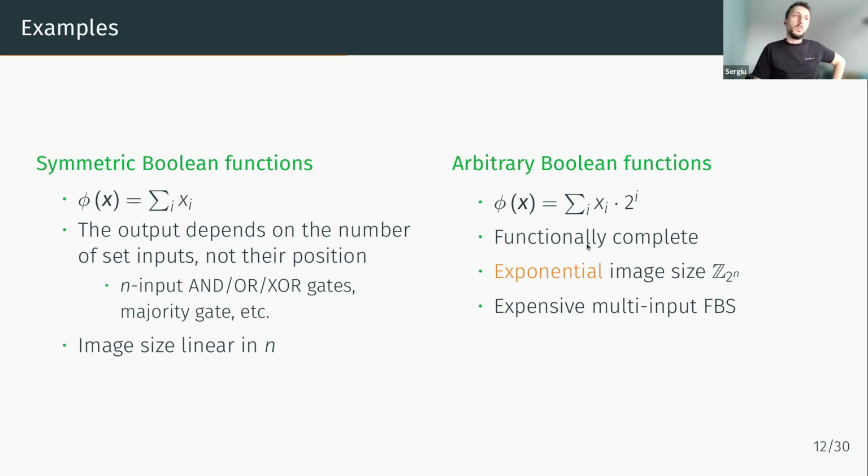However, in order to be able to evaluate arbitrary Boolean functions, you will need this kind of binary composition function, where you map the input vector x to a value in the space Z 2 to the power of n.